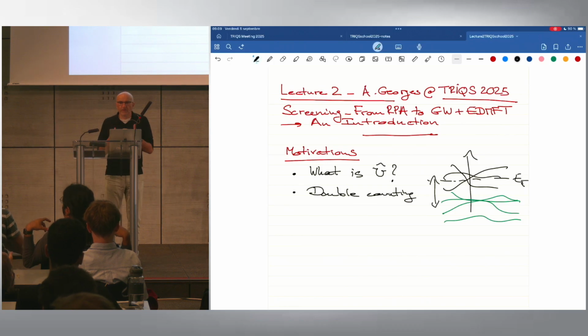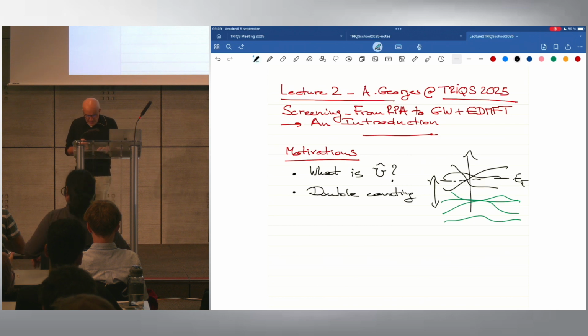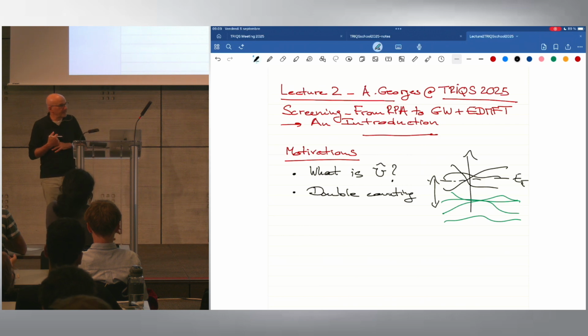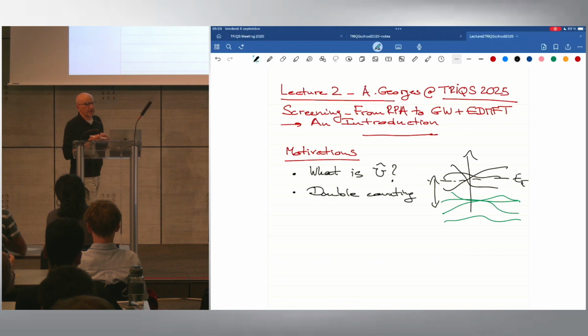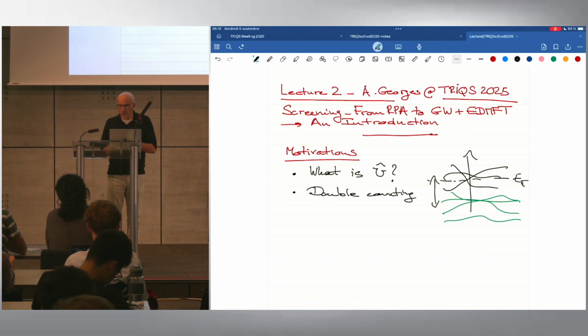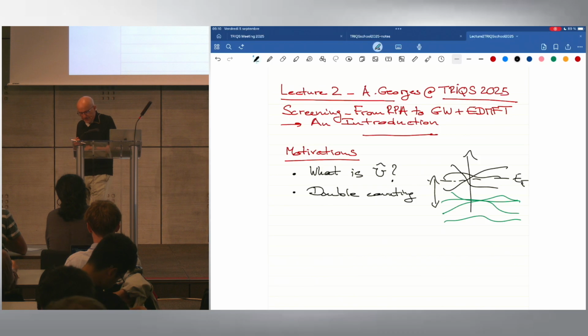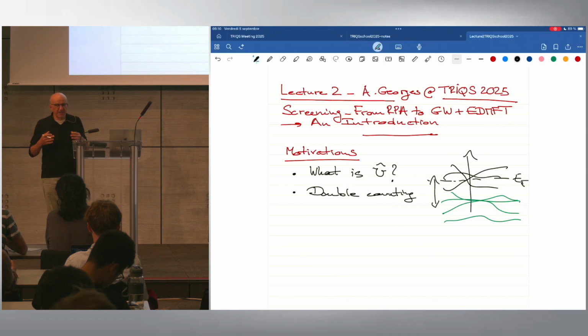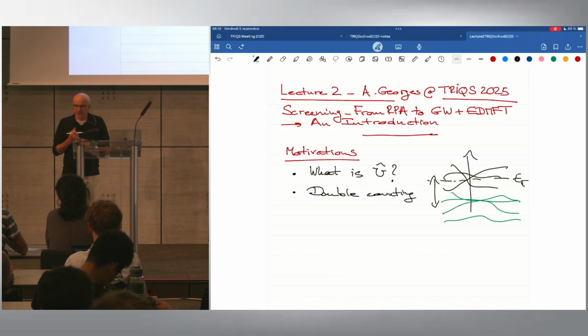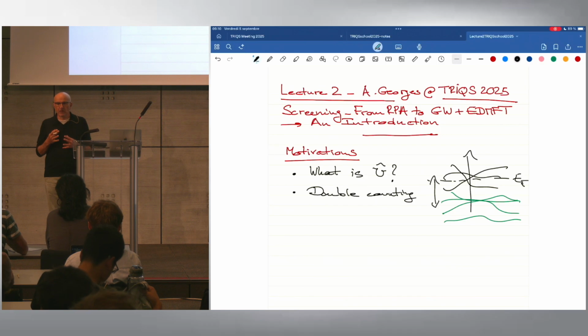So we want to overcome these questions. Now, the last point I want to make in terms of motivations is that these two aspects are actually not disconnected. They're actually connected to one another. Why is that? Imagine I decide to apply DFT plus DMFT in sort of a massively downfolded way.